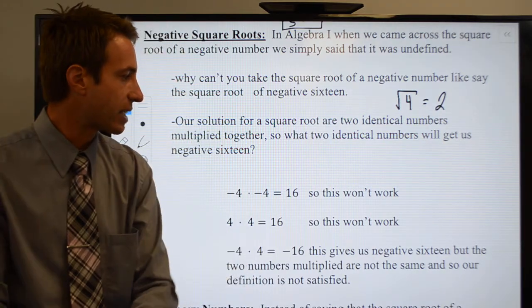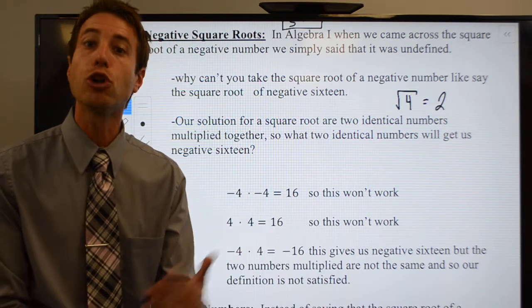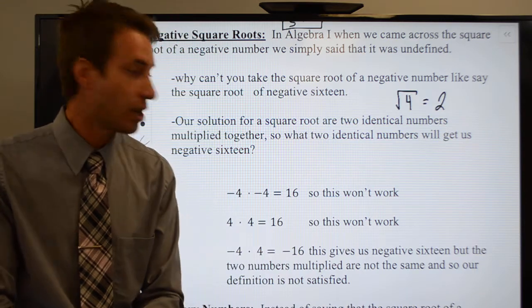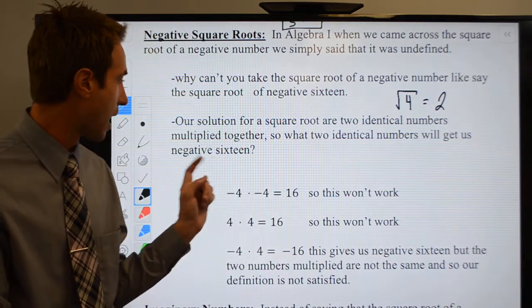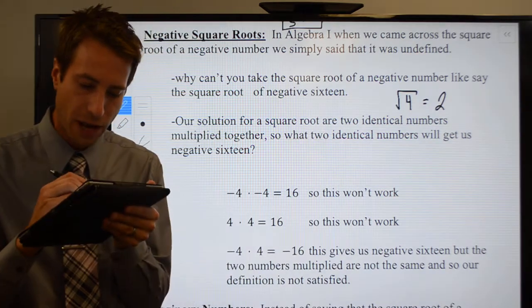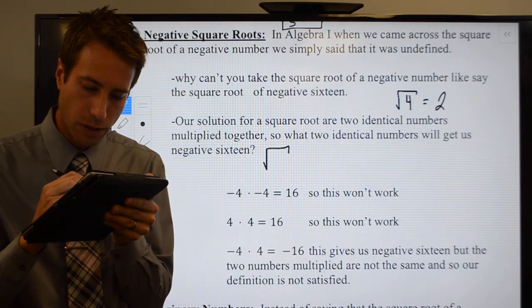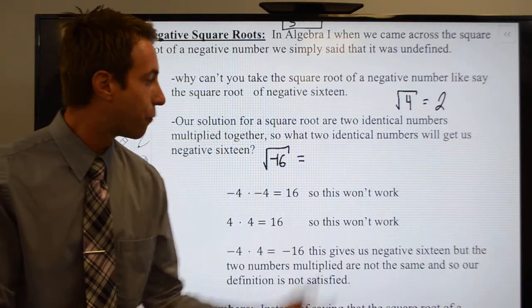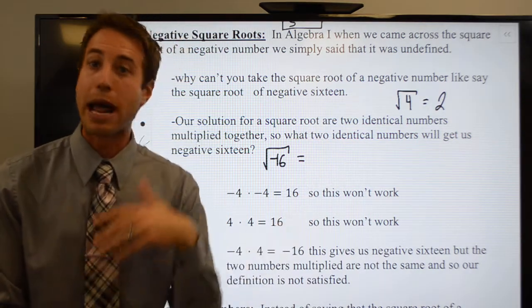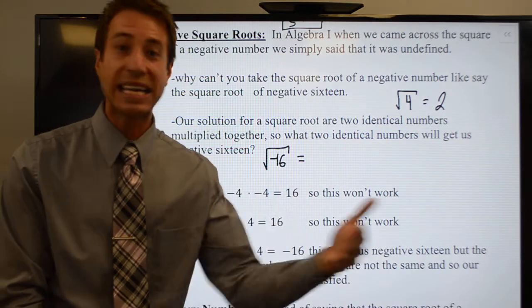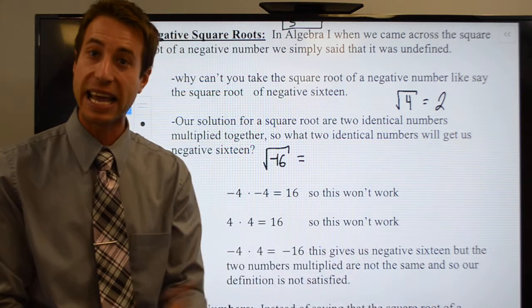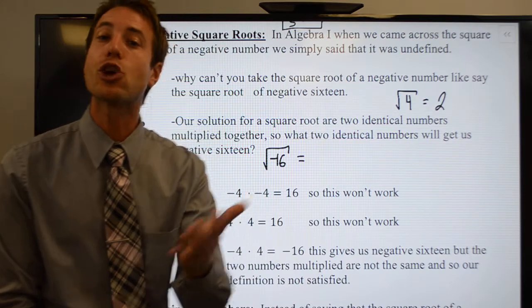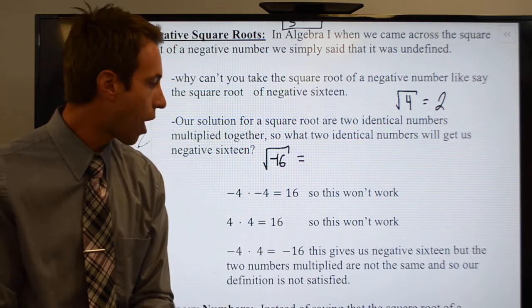Let's say I'm looking for the square root of negative 16. Well, that means I'm looking for a number that when I multiply it by itself, I get negative 16. Let's try a couple of options.